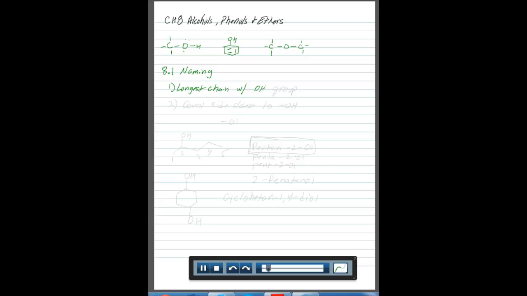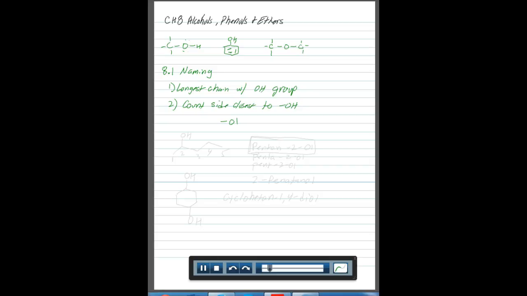Start counting on the side closest to the OH. The end of the name is going to end in -ol. So alcohols are all -ols: ethanol, methanol, isopropanol, and then name the substituents accordingly.